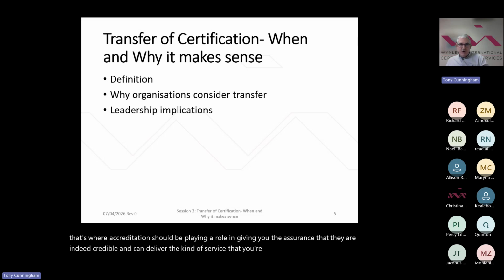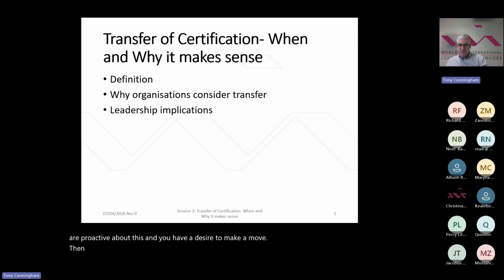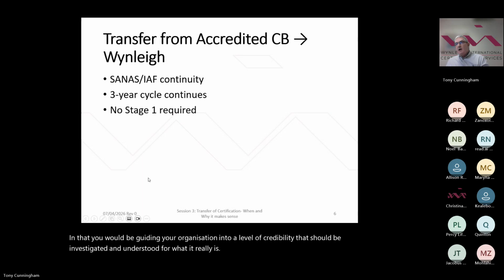Nonetheless, if you are proactive about this and you have a desire to make a move, then the leadership aspect plays a significant role, in that you would be guiding your organization into a level of credibility that should be investigated and understood for what it really is or should be.